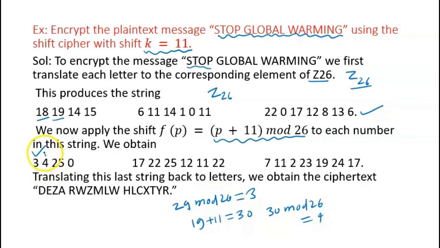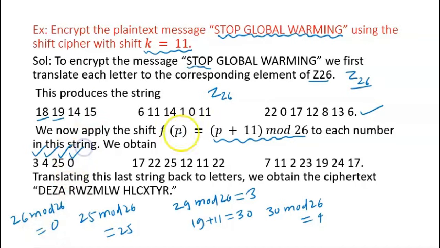So this becomes 4. 14 plus 11 is 25, and 25 modulo 26 is 25. 15 plus 11 is 26, and 26 modulo 26 is equal to 0. Similarly, all the numbers are changed using this function, and in the end we translate it back to the alphabet.